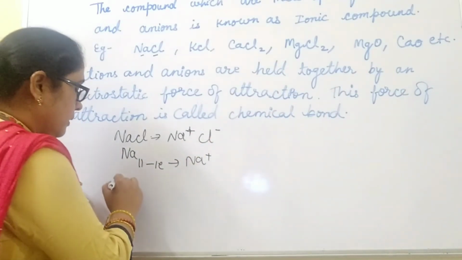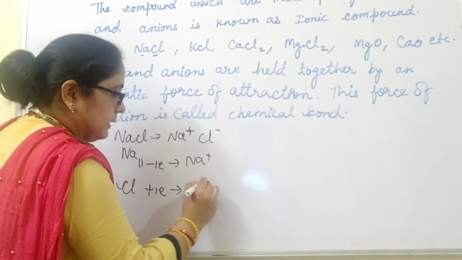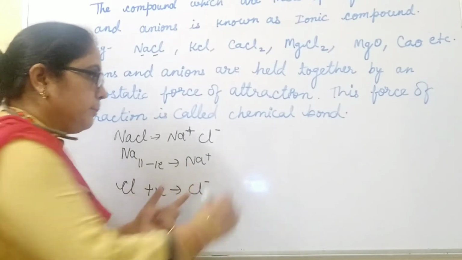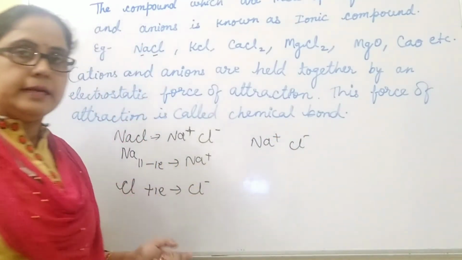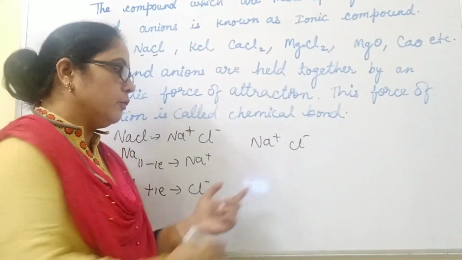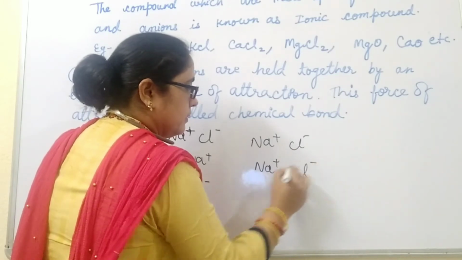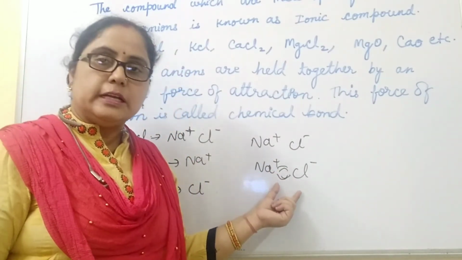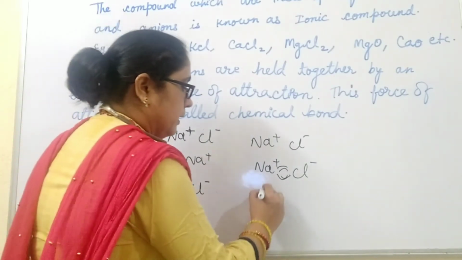Similarly, chlorine, by gaining 1 electron, gets negatively charged. So these two, Na+ and Cl−, opposite charges, attract each other. Therefore, a force of attraction is held between these two opposite ions. This electrostatic force of attraction is called a chemical bond, and they form the compound NaCl.